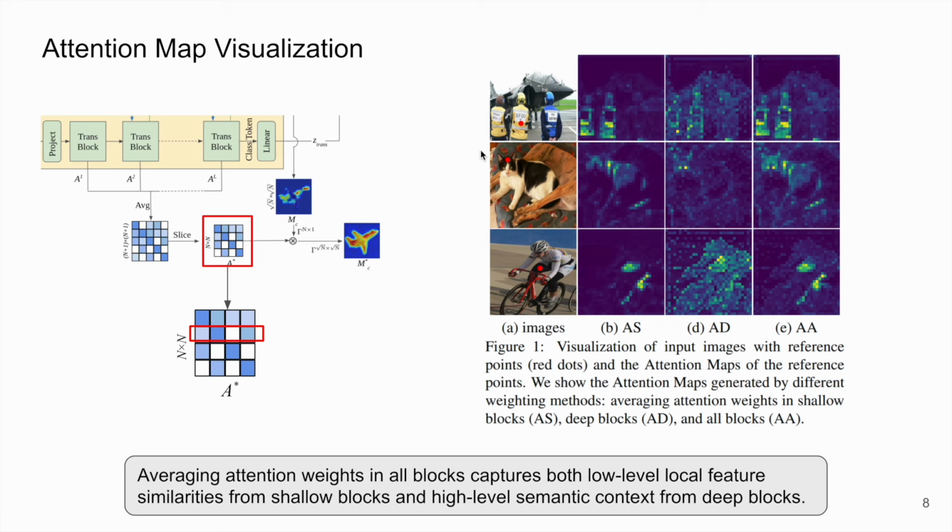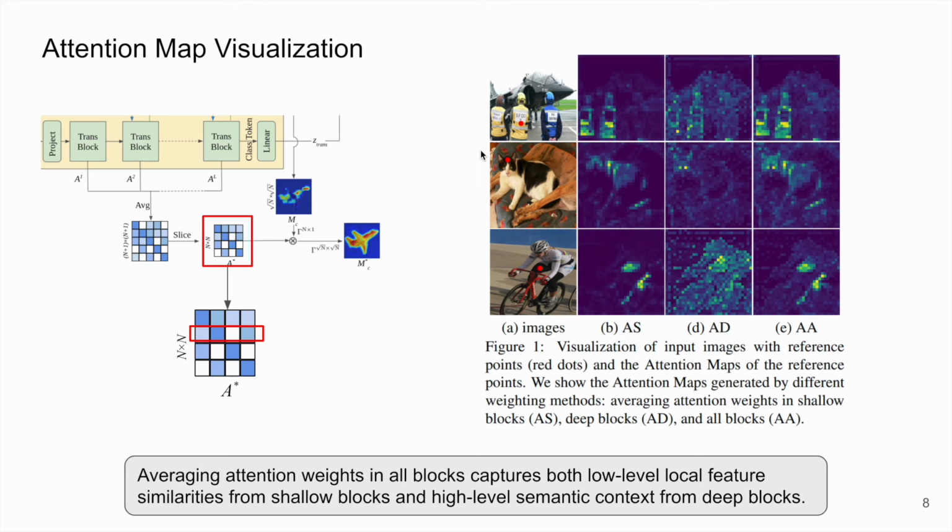On the other hand, attention weights in deeper blocks mainly capture high-level semantic similarities. For example, it highlights all three persons in the first row, and it highlights the eyes of the cat in the second row.